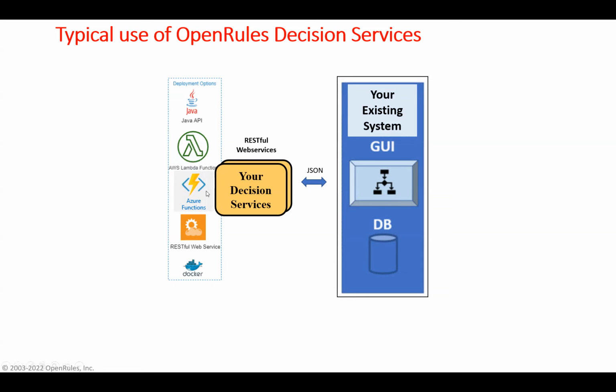Also, our customers frequently use Azure Functions or any other RESTful web services, and we can even generate Docker images automatically, which you can put in your favorite environments such as Kinesis and any other cloud environment. And so the main question becomes how to create and maintain these decision services.